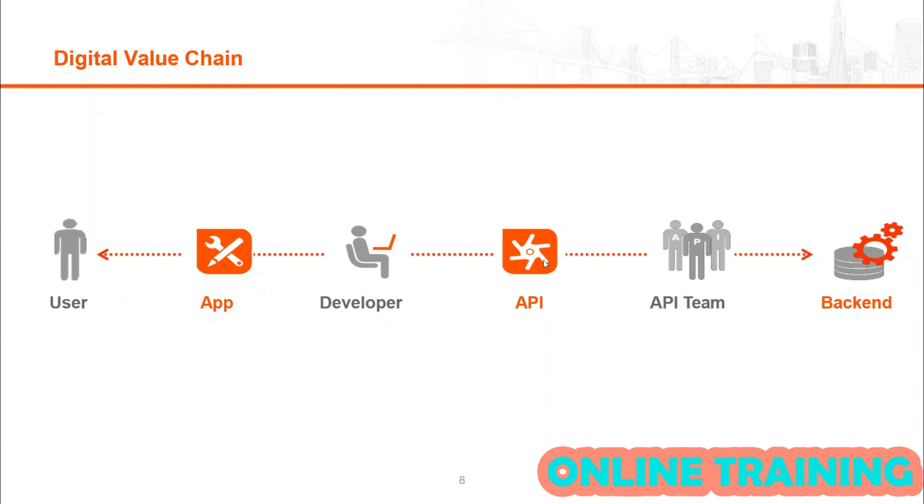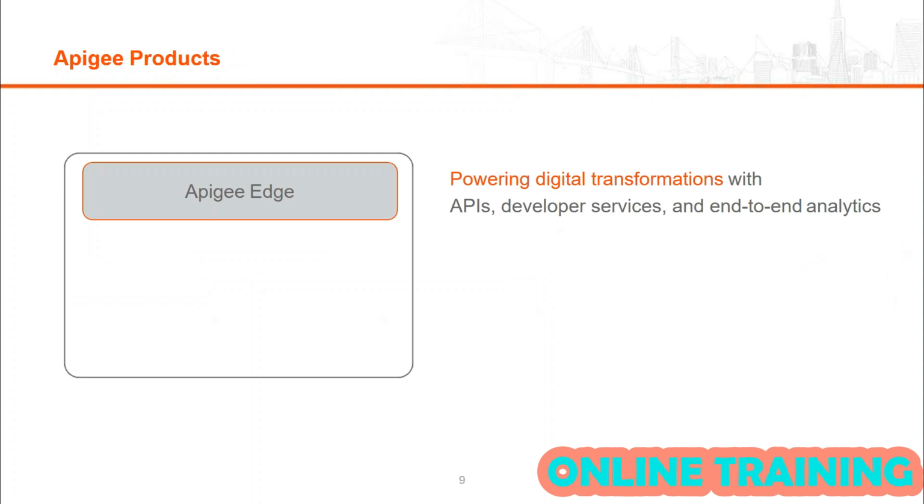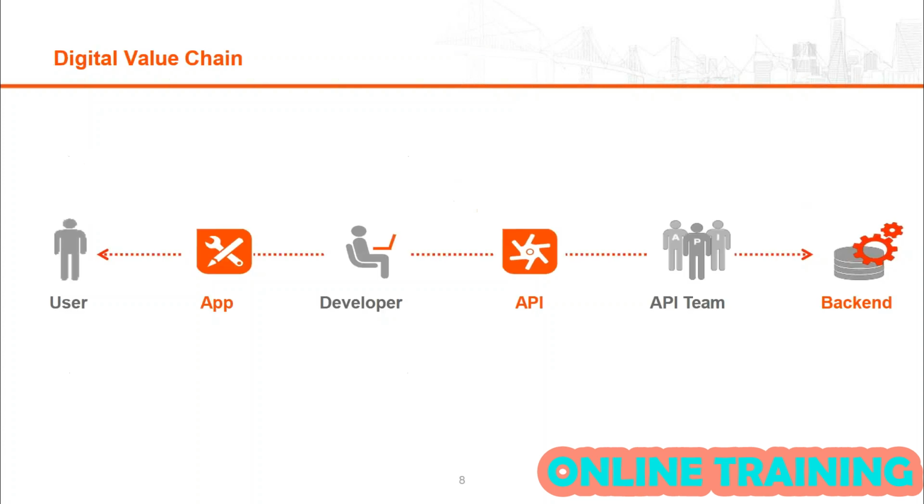Once developed by the API team, this interface can access the backend. Then these APIs, once open, are accessed by the developer to create an app. This app is used by the user. So this is a to and fro flow of the data. Now APG Edge gives you all these things like API team development.